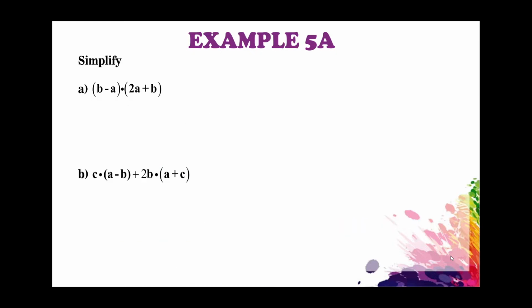Example 5a. Simplify two parts, which is part A, we have (B minus A) dot (2A plus B). So first thing, you have to expand these two brackets one by one.